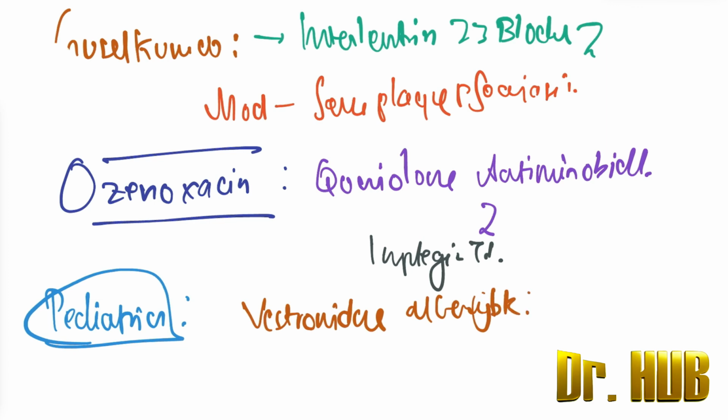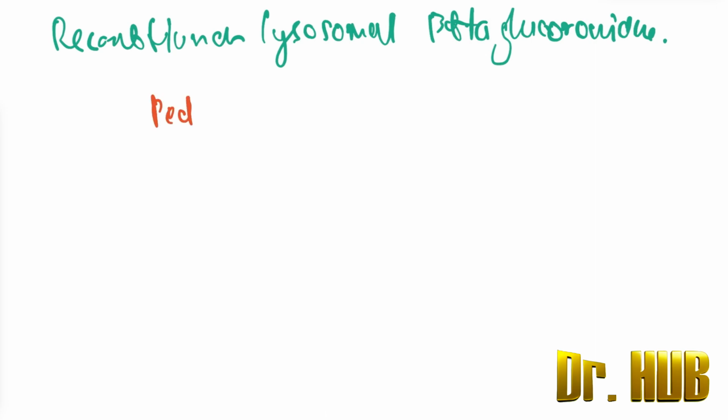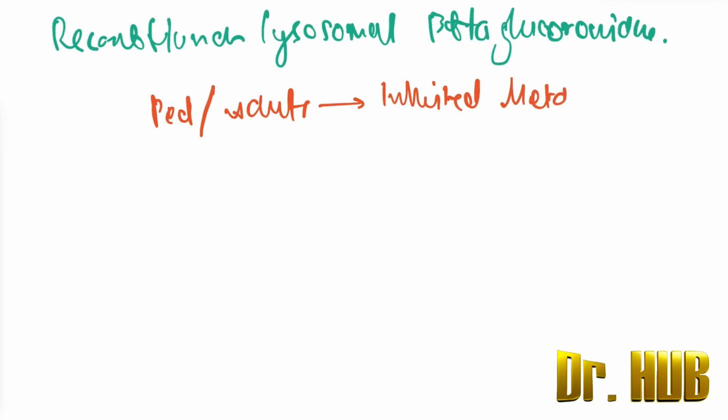This is a recombinant human lysosomal beta glucuronidase, and it is indicated to treat pediatric as well as adult patients with an inherited metabolic condition.